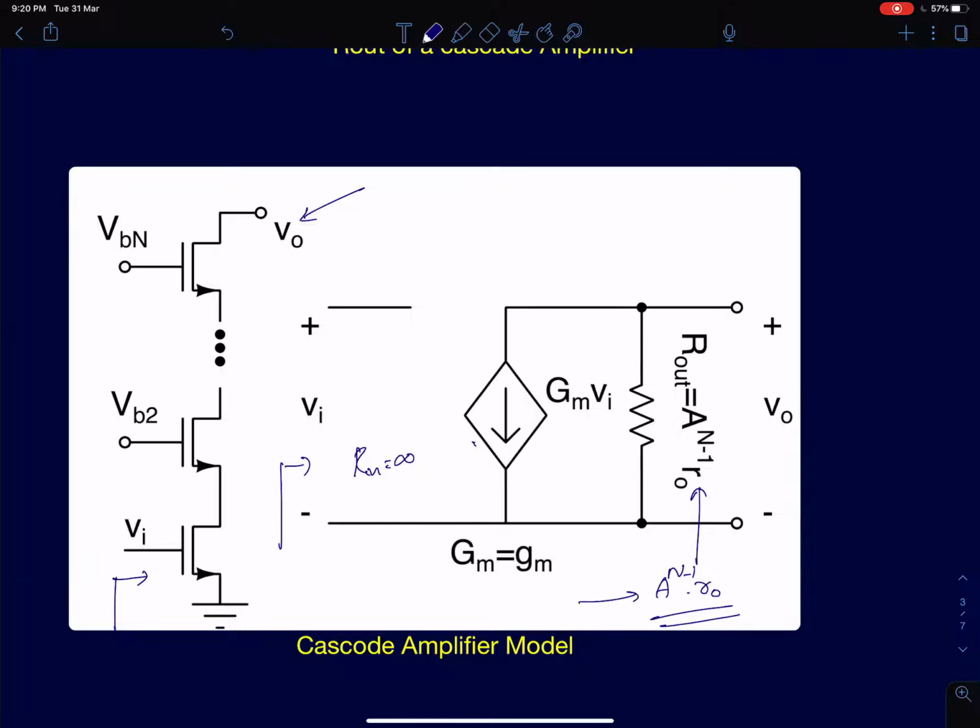It's A power n minus 1 times R0, and gm, the transconductance, is very close to the transconductance of the first device, and I've assumed all the devices are identical, so it is simply gm of any of the devices. So the unloaded gain is simply gm R0 whole power n, that's simply A power n, where A is gm times R0.